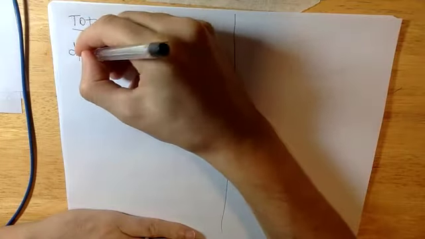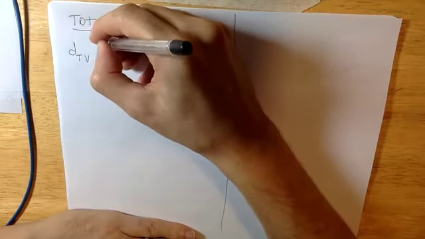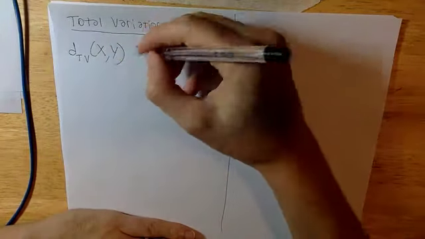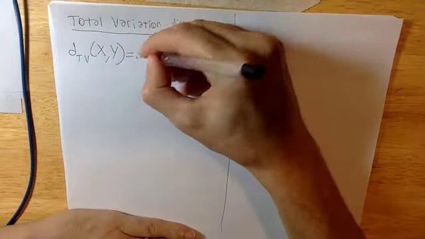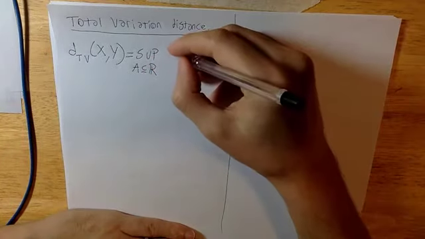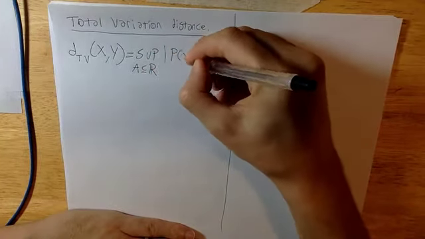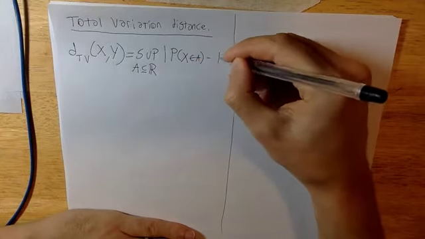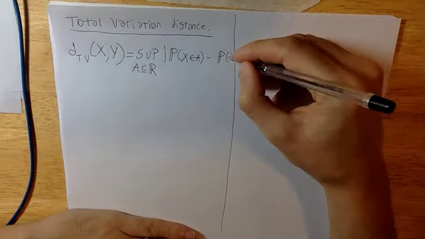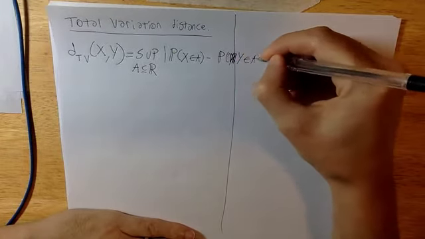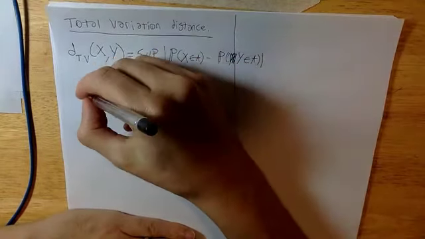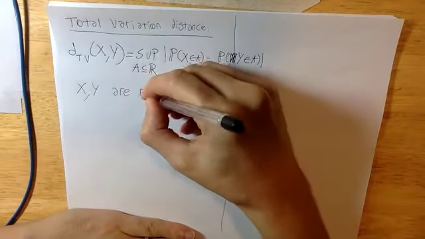The total variation distance between, let's say, two variables X and Y is equal to the supremum over all the subsets A of R of the absolute value of the probability that X is in A minus the probability that Y is in A.